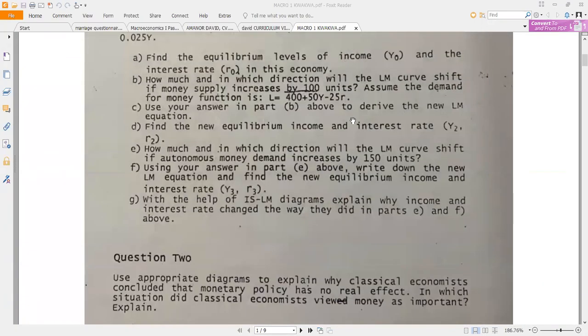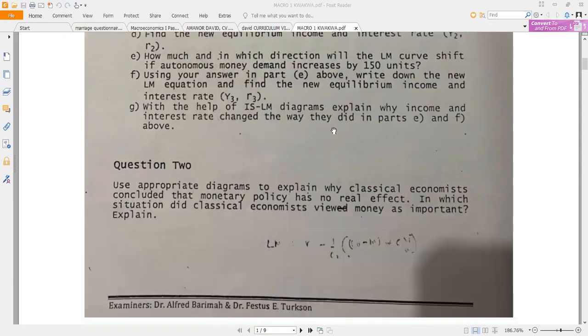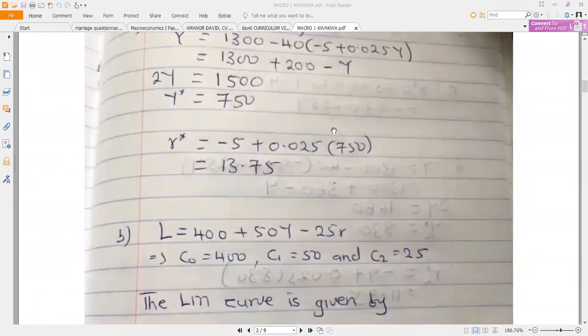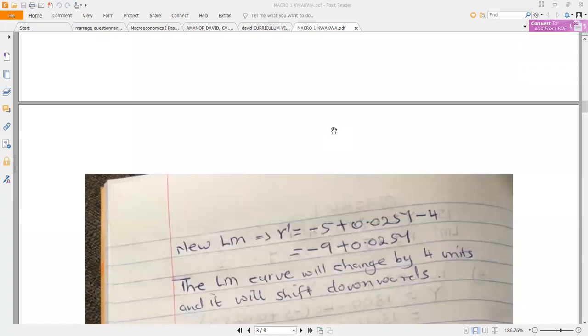Then the next one, they are saying that we should use our answer in B to derive the new LM equation. So you take the old LM equation, then you add the change in interest rate as a result of the monetary policy. The old one had -5 and 0.025y, but now it is changing by -4.